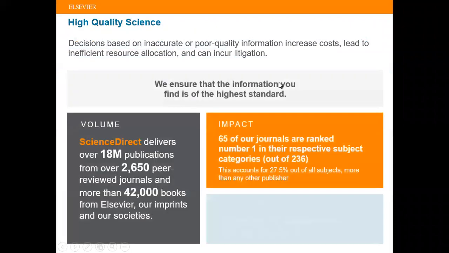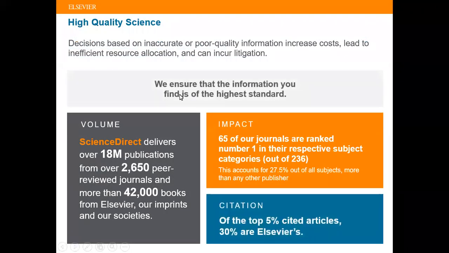We ensure that the information you find in ScienceDirect is of the highest standard. ScienceDirect delivers over 18 million publications from over 2,650 peer-reviewed journals and more than 42,000 books from Elsevier. 65 of our journals are ranked number 1 in their respective subject categories out of a total of 236.